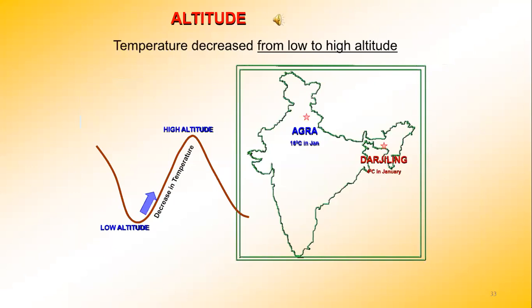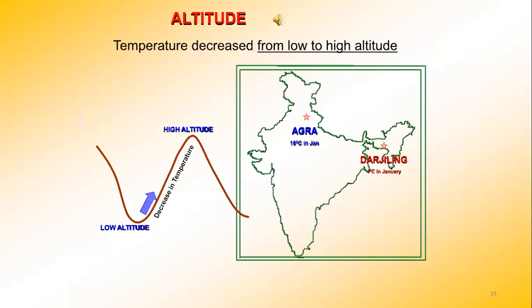Now in altitude, you must remember that the temperature decreases from lower to higher altitude. As and when you go up, as the altitude increases, the temperature decreases. Okay? They have an indirect connection. Now, over here you can see Agra is 16 degrees in January, whereas Darjeeling is 4 degrees in January.